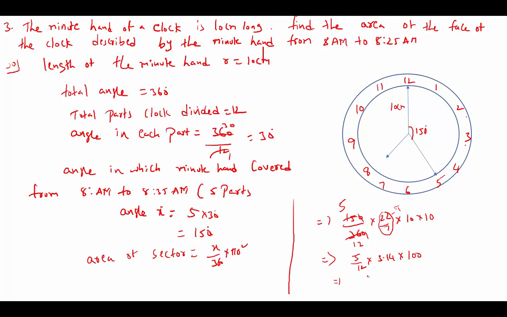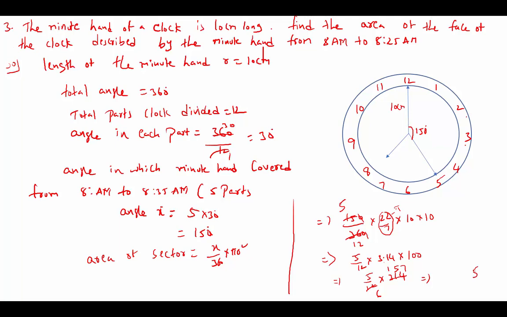Now 5 by 12 into 3.14 into 100, 314. Now 2 table, 2 sixes, 2 ones, 2 fives, 2 sevens. Therefore 157 into 5 divided by 6.